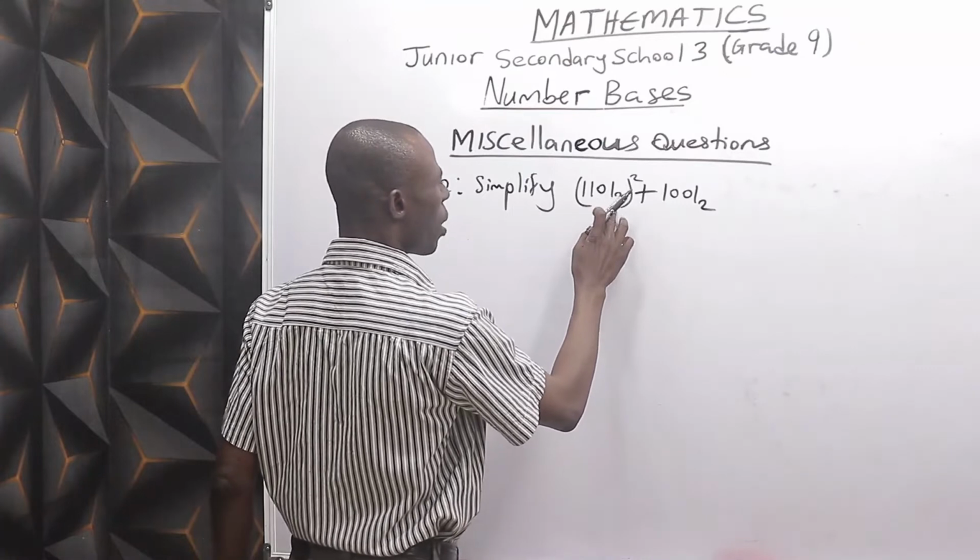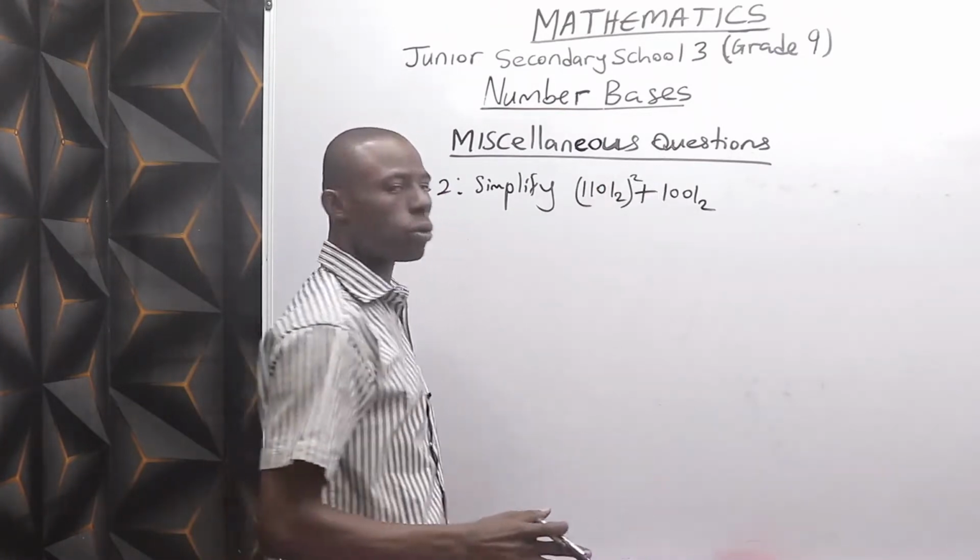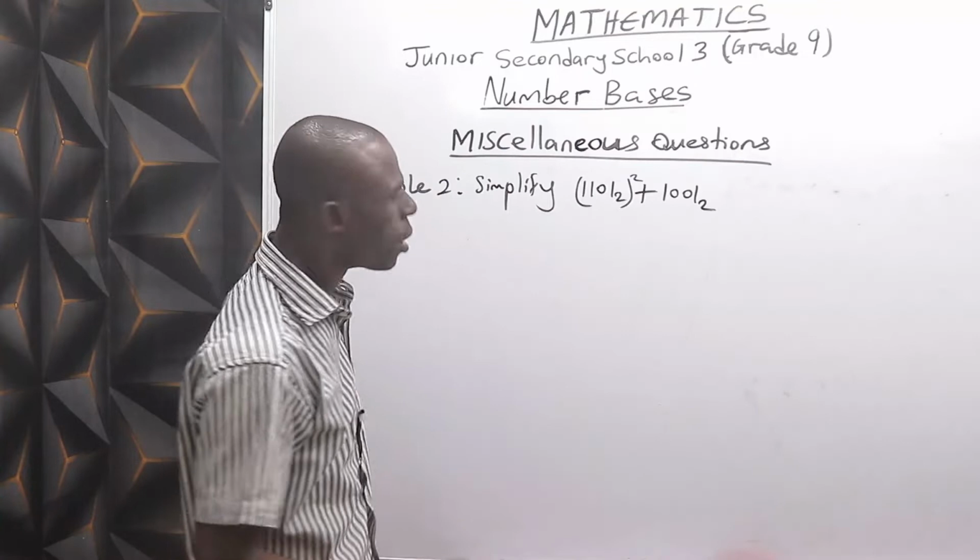Example 2. Simplify (1101 base 2) raised to power 2, plus 1001 base 2.